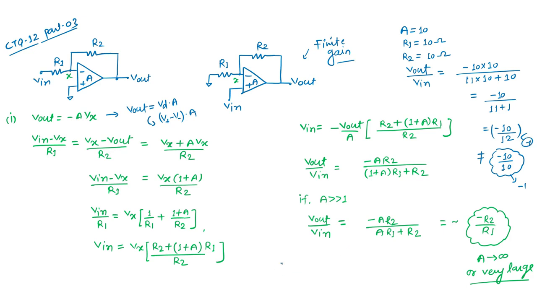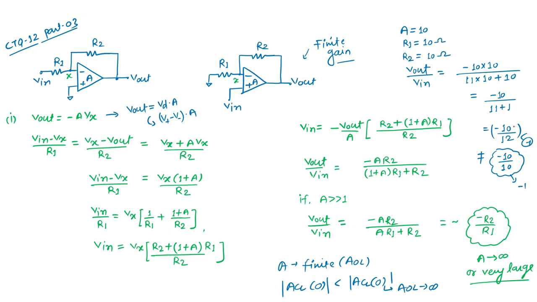If A is finite, that is, the open loop gain is finite, then the closed loop DC gain comes less than the closed loop DC gain when open loop DC gain is infinite. I am talking about magnitude. So when open loop gain is infinite, or we are considering the ideal amp, then the gain we are getting here is minus 1, or in magnitude it is 1.